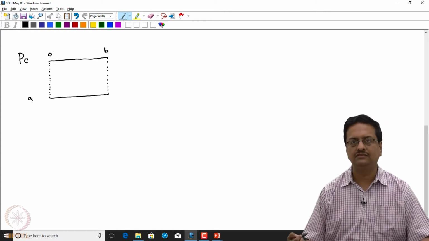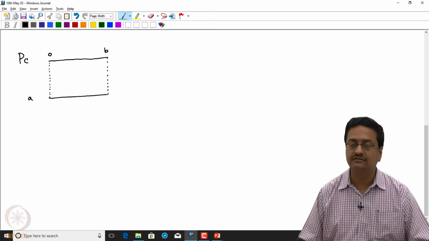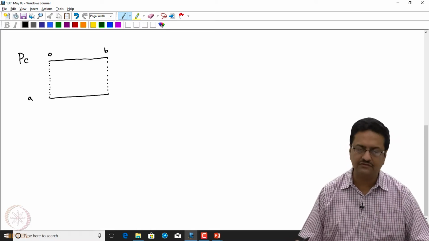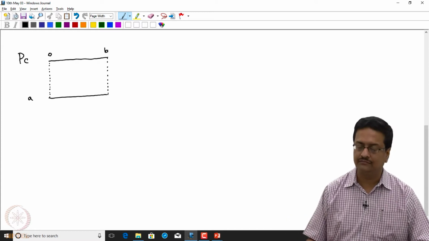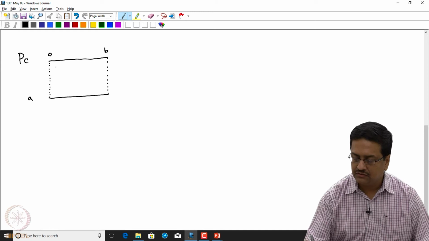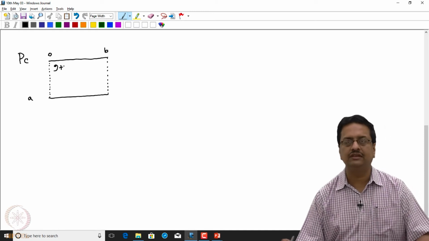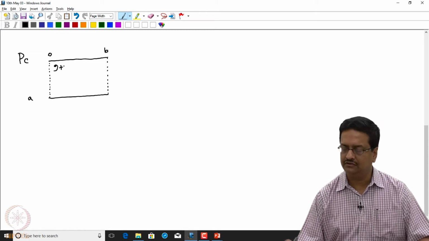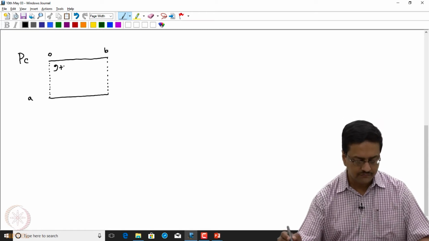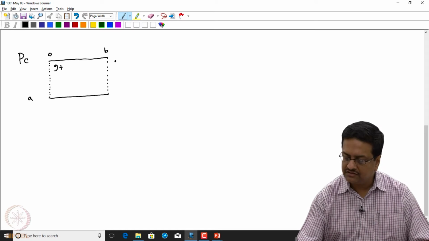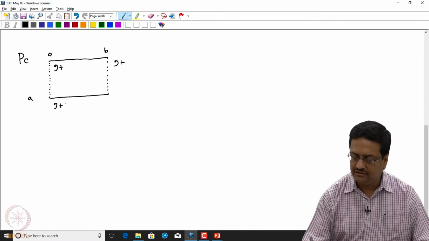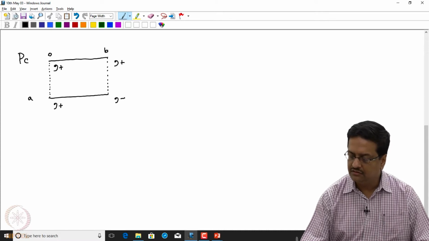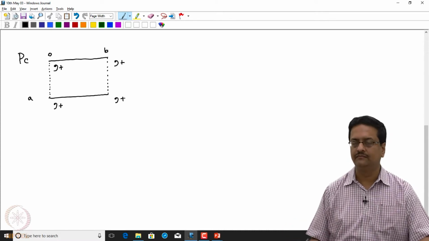So, this is how one should start drawing these space group diagrams with the understanding of the symmetry that is present. So, now I am drawing the object, which may be a molecule or an atom or a group of atoms, and the corresponding translational symmetry related objects I have drawn.